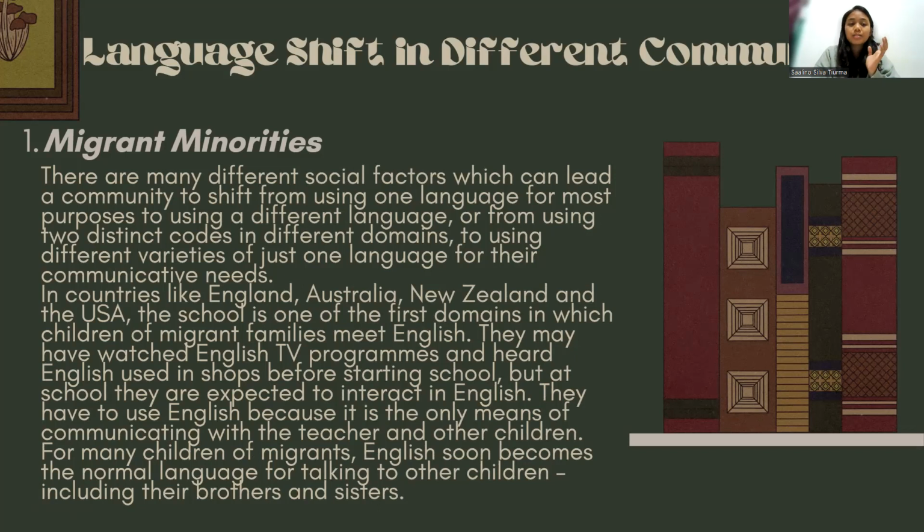So, for example, in countries like England, Australia, New Zealand, and in the USA, the school is one of the first domains in which children of migrant families meet English. So they may have watched English TV programs or heard English used in shops before starting school, but at school they are expected to interact in English. So they have to use English.